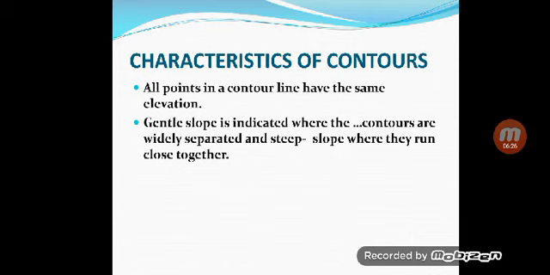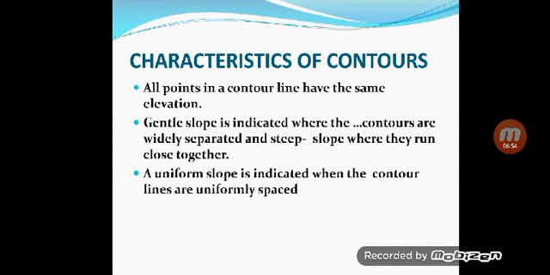Second, if the slope is gentle, means very minimum, it is indicated by contours which are widely separated, means the distance between two consecutive contours is great. If it is a steep slope, then the distance between two consecutive contours is very small.